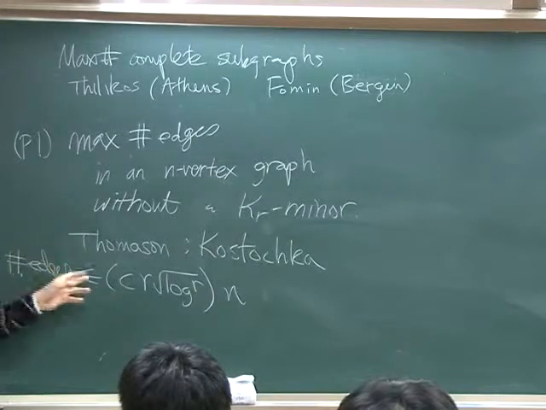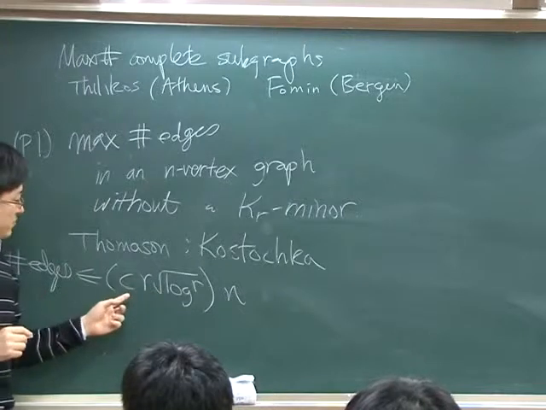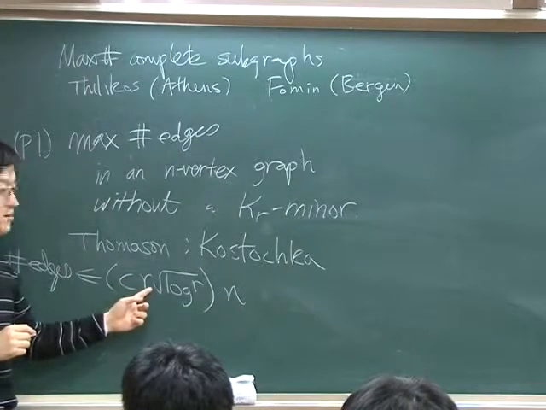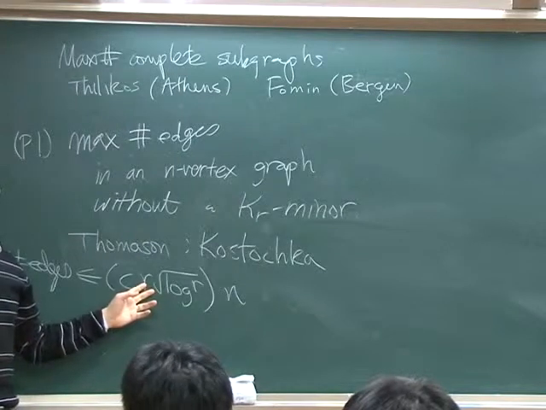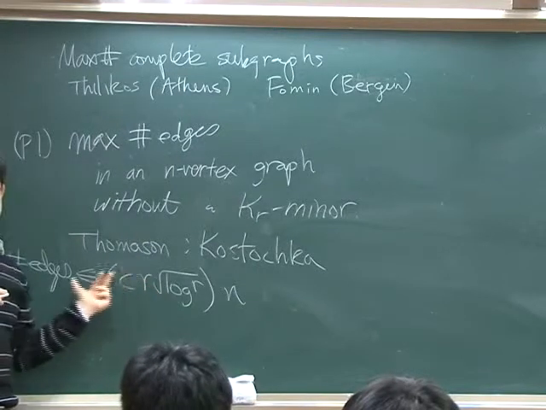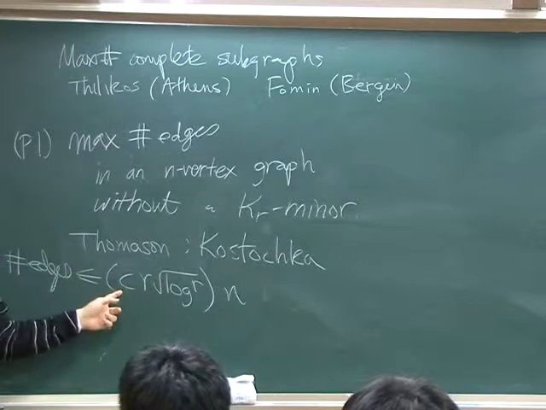And indeed, this is optimal in the sense that if you take any function which is slightly less than this as r goes to infinity, then you will have counterexamples. And Thomason even determined the exact constant c.